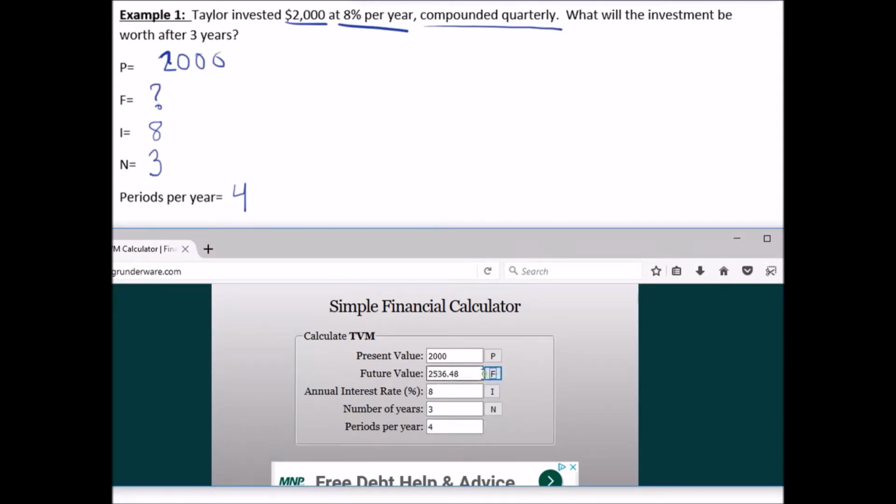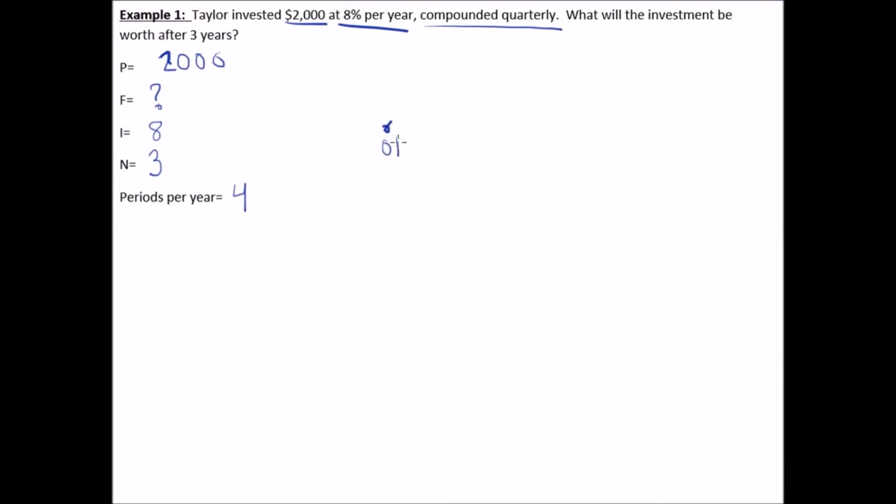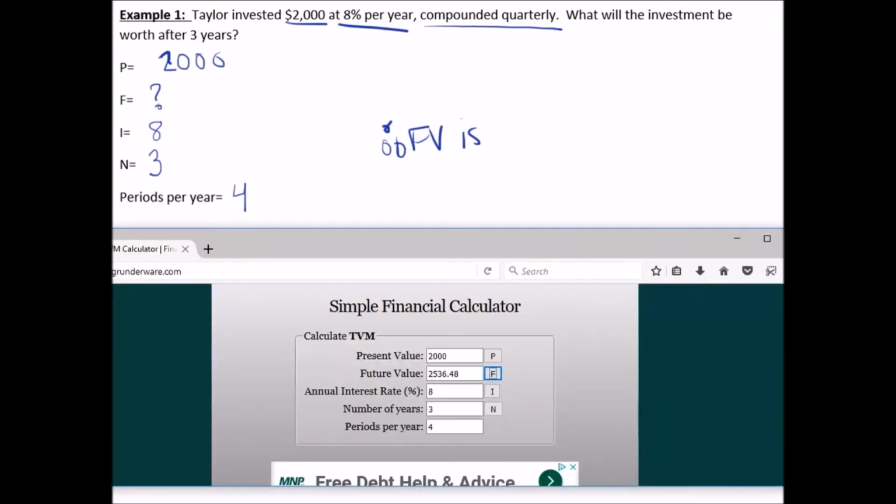When we click on the F, it's going to give us the answer. So using the TVM solver, we know, therefore, the future value is 2536.48. And that's what it will be worth after 3 years.